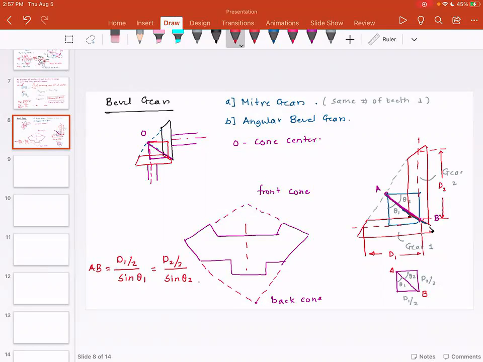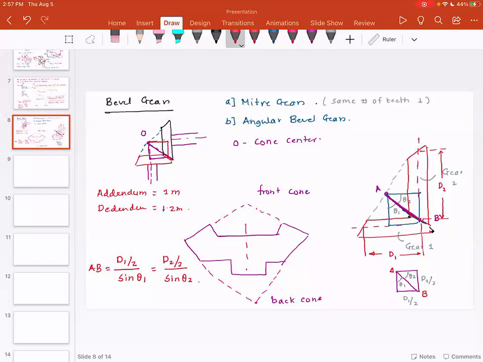Similar to spur gear and helical gear, you would have addendum, and the relationships are 1m, dedendum is 1.2m.